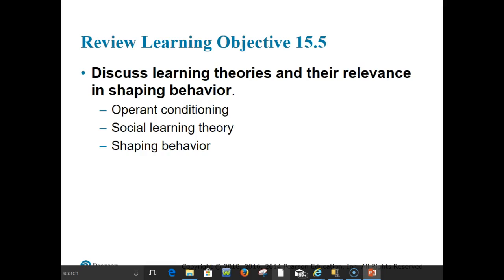Remember that managers can shape behavior by using positive reinforcement, that is reinforcing a desired behavior by giving something pleasant. They also can use negative reinforcement, that is reinforcing a desired response by withdrawing something unpleasant.